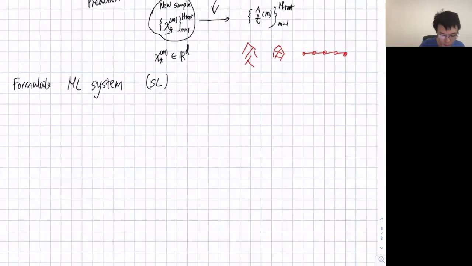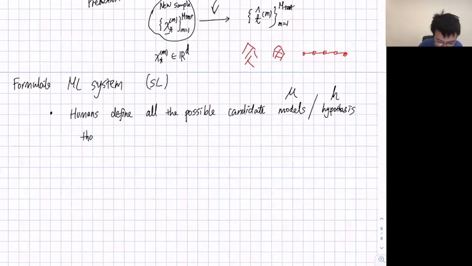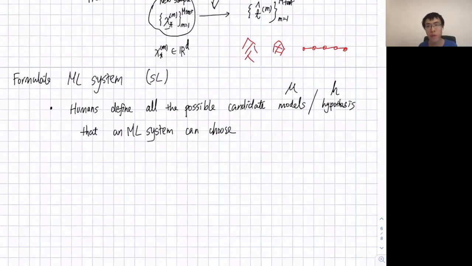There are a few steps if you want to build a machine learning system. Contrary to some of our intuition, the first step of machine learning is for humans. Humans define all the possible candidate hypotheses, or candidate models, that a machine learning system can choose. This may appear very counterintuitive because machine learning starts from humans.